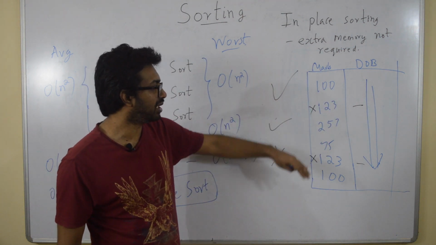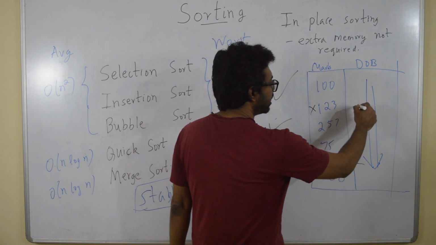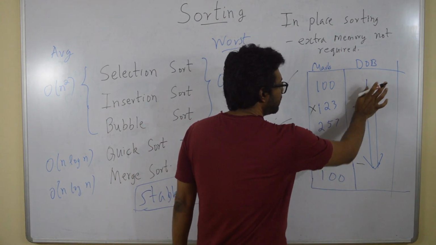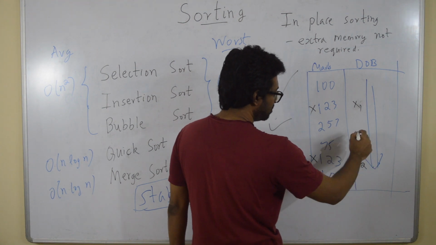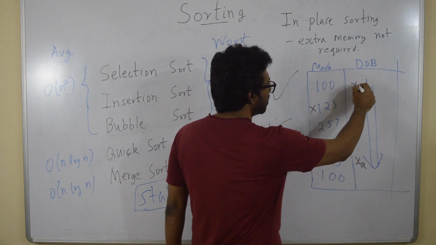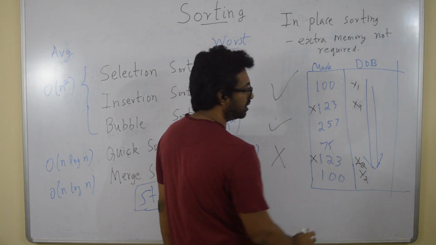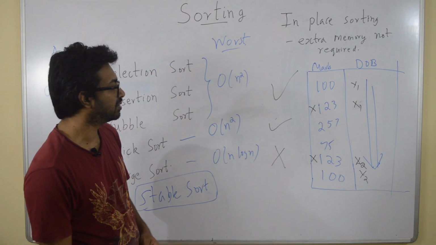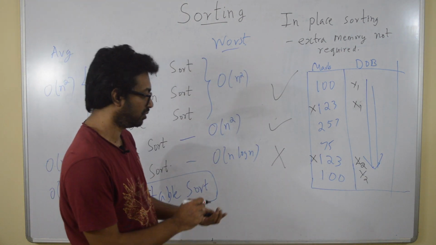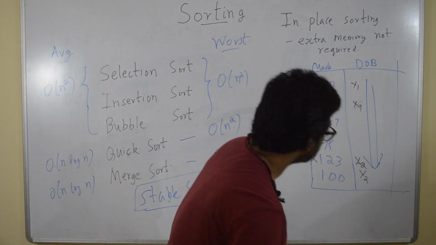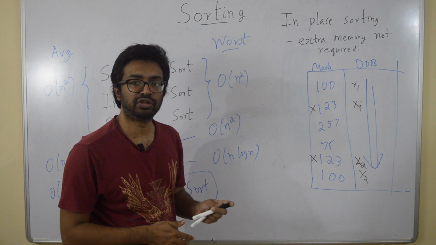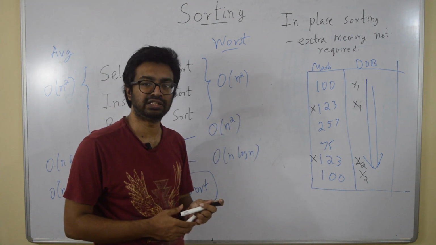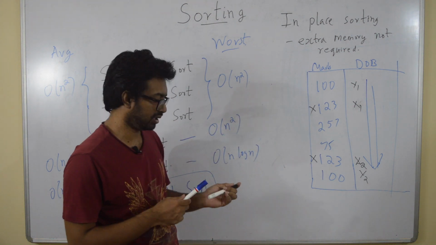So let me call it x. This is x1 and this is x2, and this is y1 and this is y2. When I sort the marks in descending order, with higher marks above, what I'm going to get is the following.